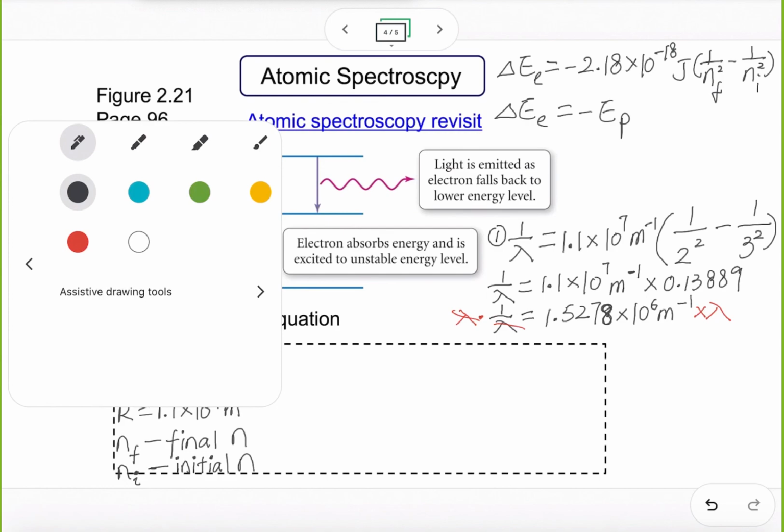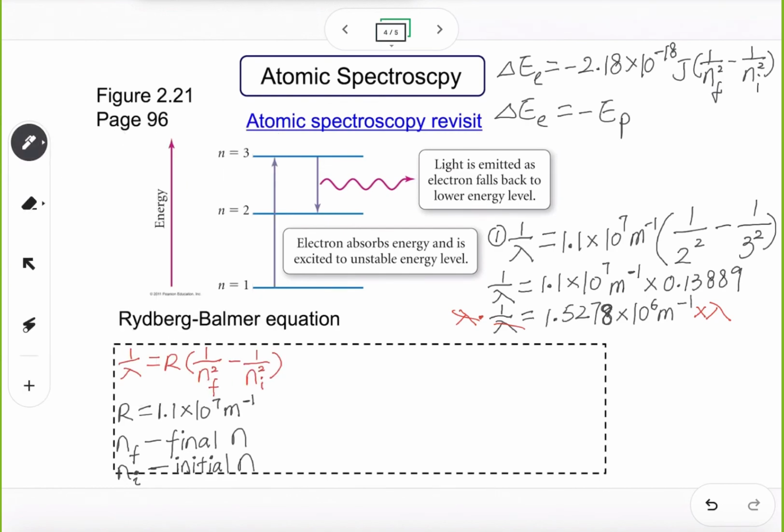Okay, so on your left side, it would be 1, and that equals 1.5278 times 10 to the 6 meter to the negative 1 times lambda. And then how do you calculate lambda? You divide the two sides by this number and you got your lambda.